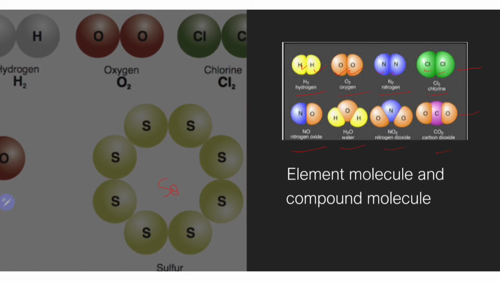So we say that the particle is an element molecule. A molecule is a combination of atoms. A combination of two of the same atom, then we say an element molecule. But when the components are different, such as NO, H2O, NO2, CO2, then we say that the particle is a compound molecule.